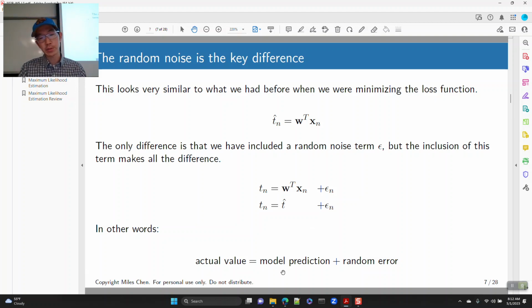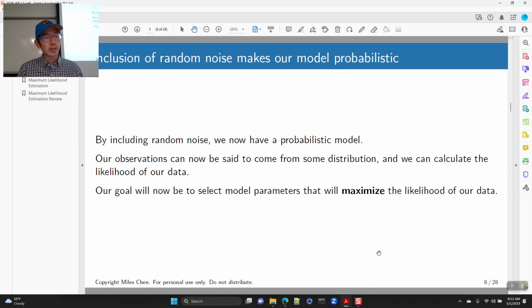Okay, so we have the actual is the model prediction plus the random error, and now we want to talk about maximizing the likelihood of our errors, maximum likelihood and stuff.